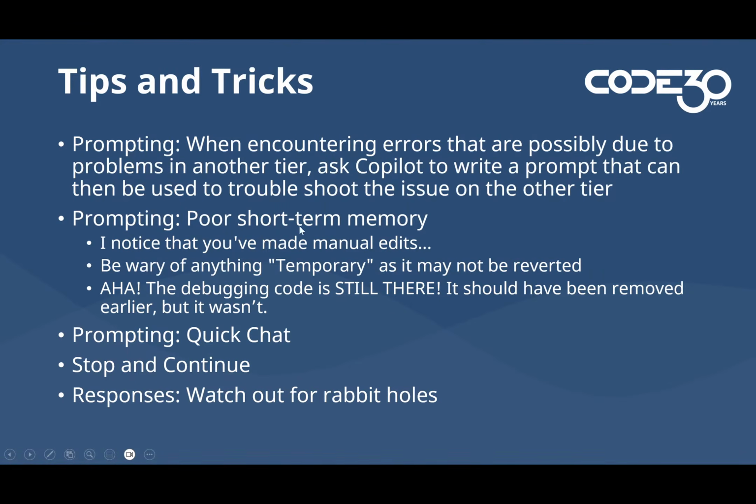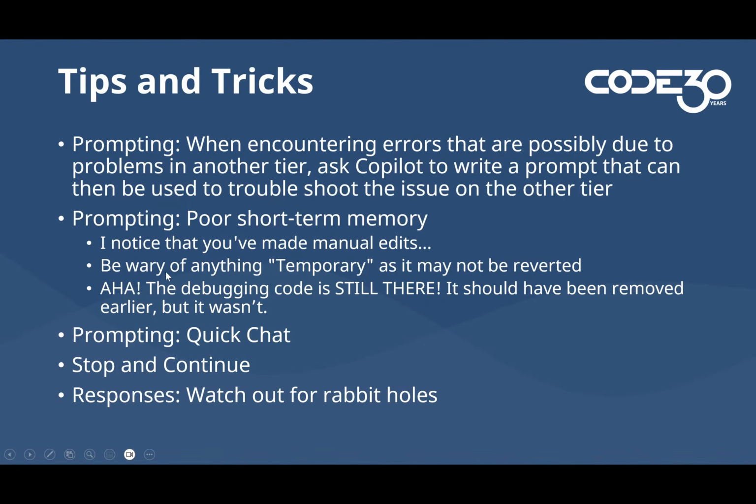I find, however, that these things typically have a poor short-term memory, and these are some of the things I've seen it produce that indicate this. I've noticed that it says I've made manual edits when I have actually not made any edits to any of the code that it created, but it somehow thinks that I have, and so it complains that I've made those edits.